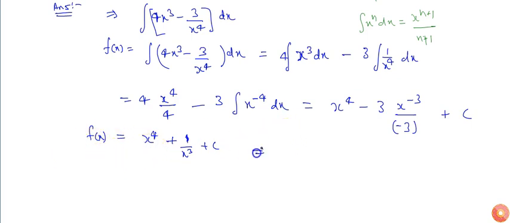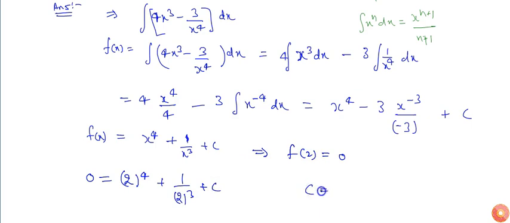Since f(2) equals 0, by putting x equal to 2, I'll get 2^4 plus 1 by 2^3 plus c equals 0. So c will be minus of (2^4 = 16 plus 1 by 2^3 = 1/8), so c will be minus 129 by 8.